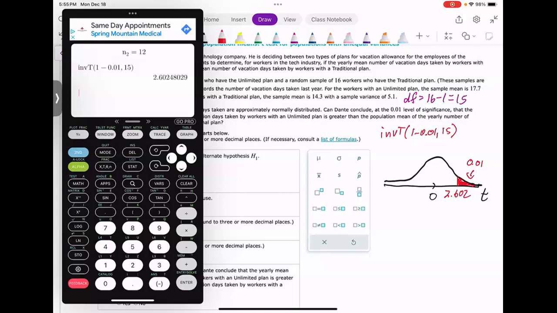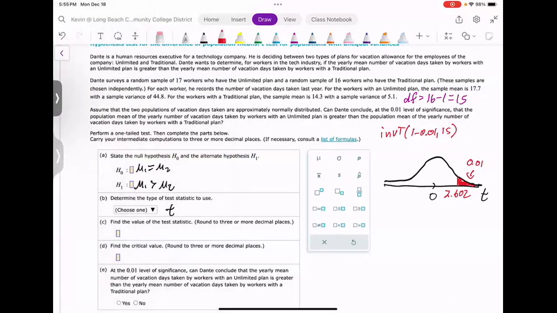All right. So the second paragraph, Dante surveys a random sample of 17 workers who have the unlimited plan and a random sample of 16 workers from the traditional plan. They're chosen independently. For each worker, he records the number of vacation days taken last year. For the workers with the unlimited plan, the sample mean is 17.7 with a sample variance of 44.8. Now be careful, this is the variance, so we'll have to do the square root.